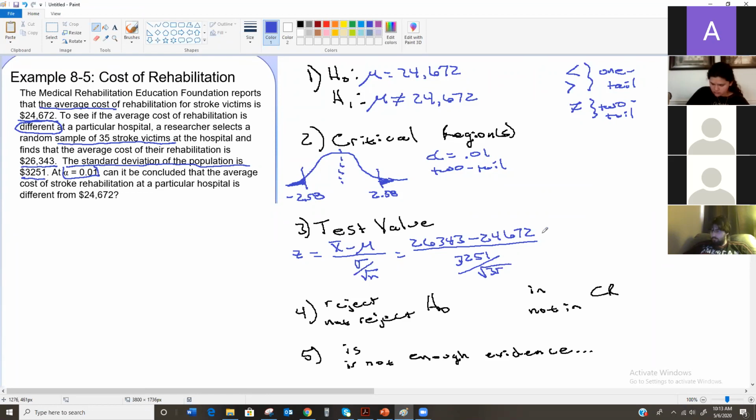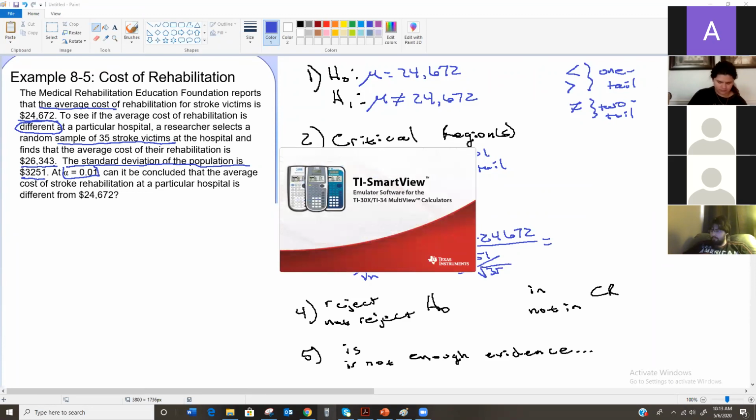And so this is what we have to calculate. The numbers again are kind of big. I have it. It's 3.04. Yep. Okay. Let me just pull this up really quick.